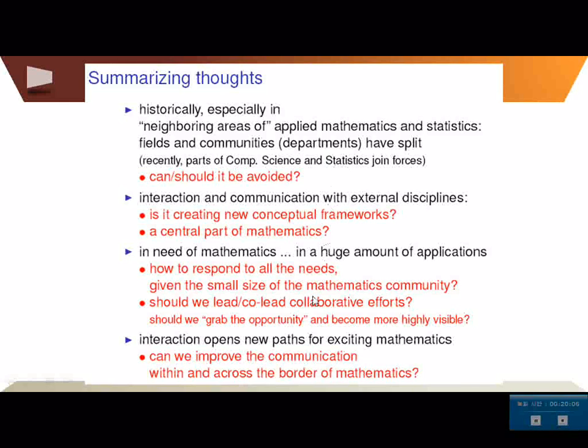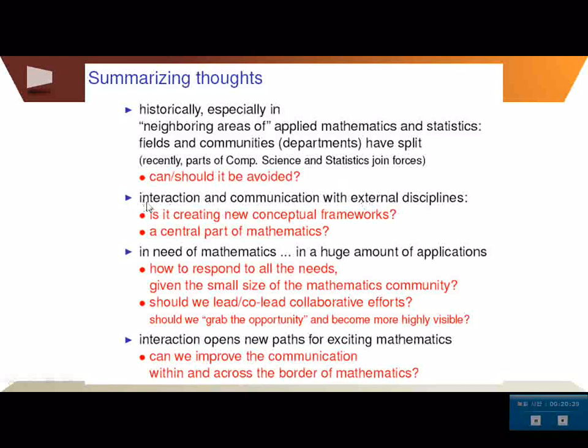When some mathematicians went to the applied mathematics and statistics area, they had lots of things to do in their own field, so they didn't care much about combining those. So it has been split recently. But in big data science, can it be avoided? Can we get together again?